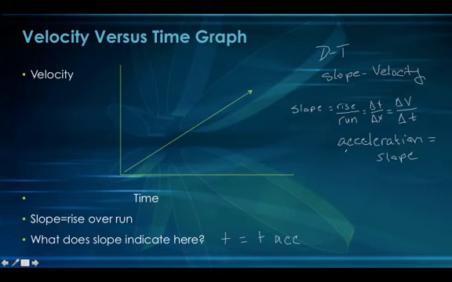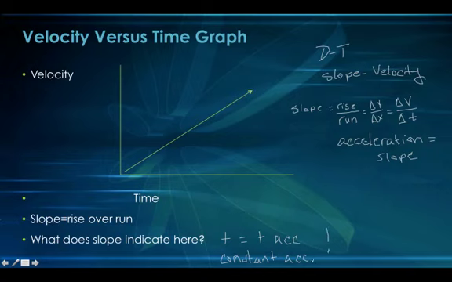So if we know that the slope is equal to the acceleration here, we also have a constant slope, or in this case, a constant acceleration. So I know here I have a positive acceleration, I'm speeding up, and I also know I have a constant acceleration. So that means, yes, the velocity is increasing, but the acceleration, the rate at which the velocity is increasing, stays the same. This is really important for you to understand.